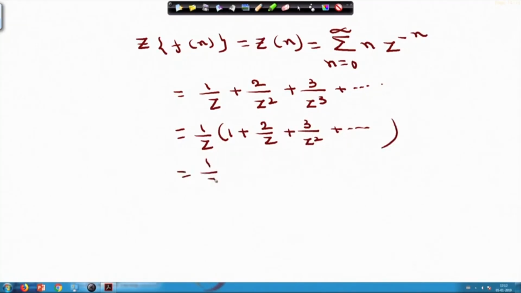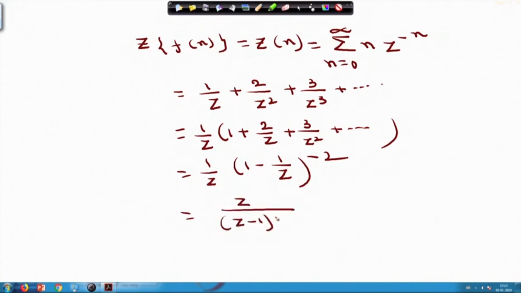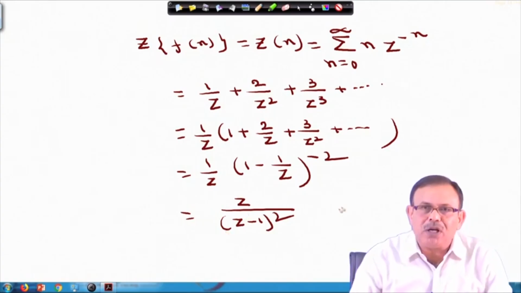This equals 1 by z into 1 minus 1 by z to the power minus 2. So by simplification I can write z by z minus 1 whole square. So either by that way or by simply evaluating the series and then simple manipulations, the Z transform of n equals z by z minus 1 whole square.